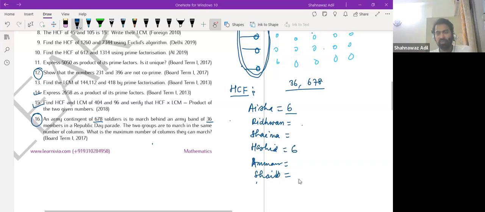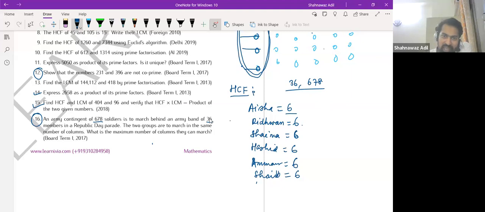Oh, Shiv, you are also getting that. So Amar and Rizwan. Yes, guys. Rizwan. Amar is also getting 6. Rizwan, only you are left.